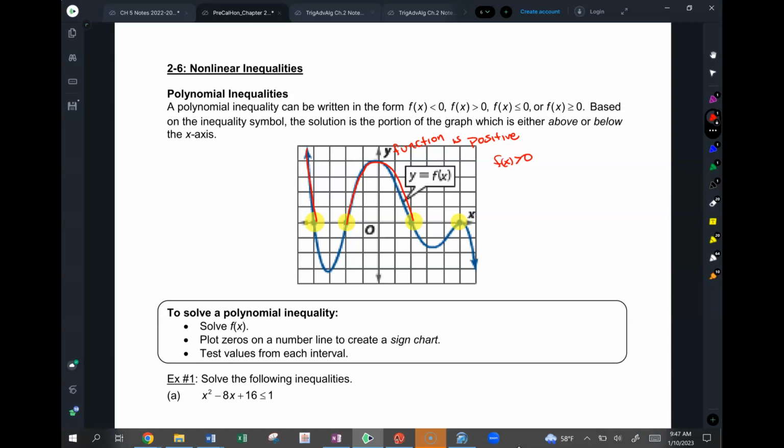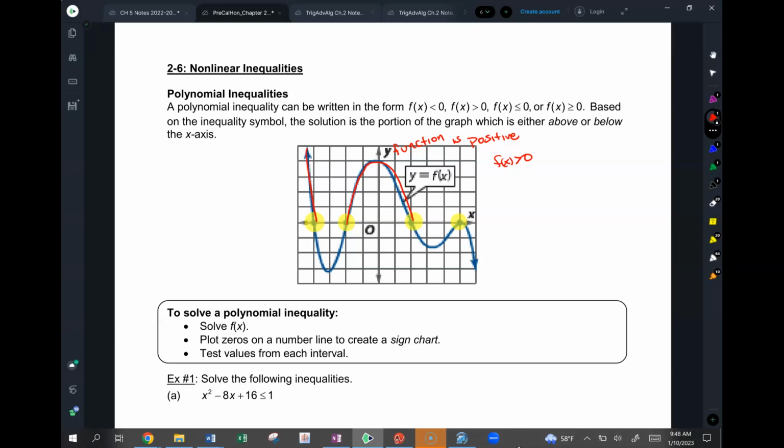So notice, right over here at x equals 2, the function is 0. So it's nuanced here. When I say the function is greater than 0, I'm not talking about x equals 2. I'm talking about everything up to x equals 2, like 1.99999. In order for me to include x equals 2, I would have to say f of x is greater than or equal to 0.